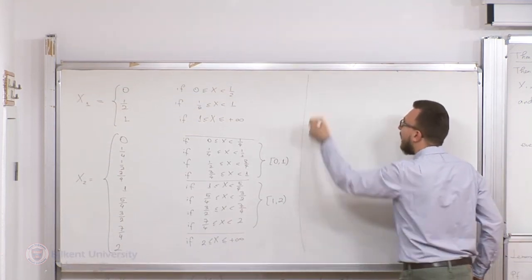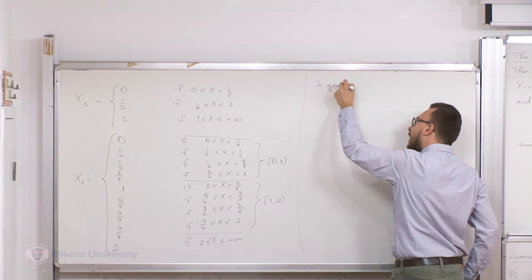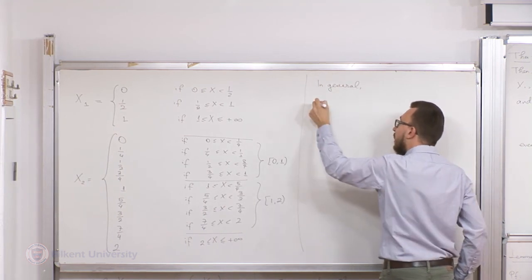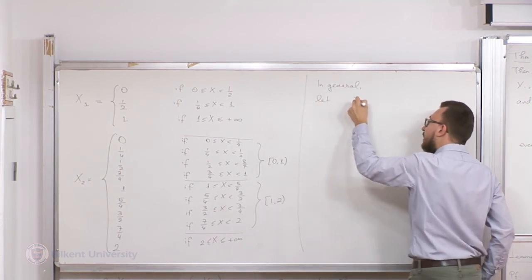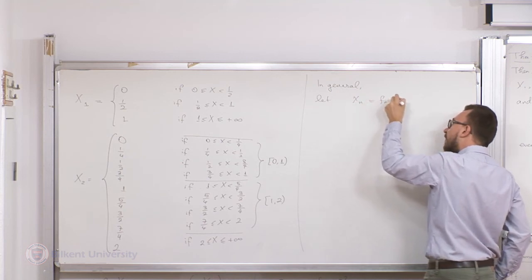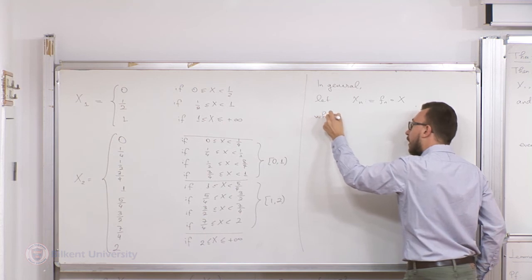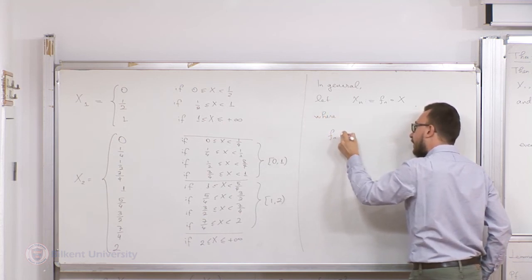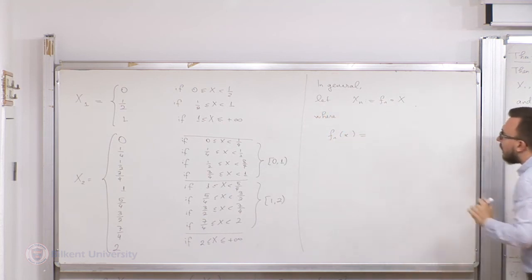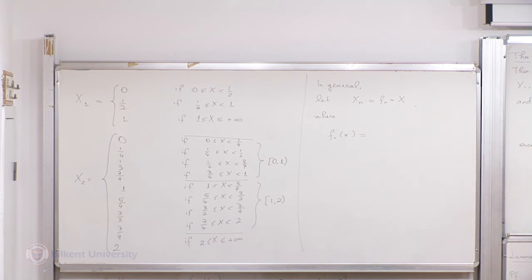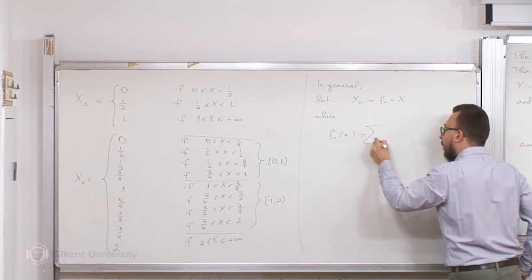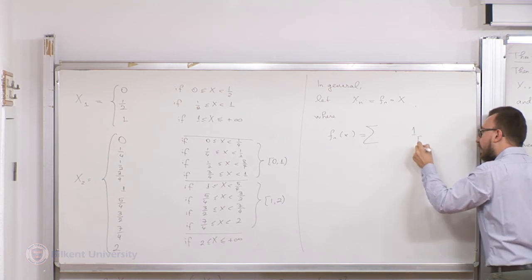So that's the idea. Now we need to make it more general. Let xn be fn of x, where fn is a function of little x. So for every realization of capital X, look at whether you are in this interval.